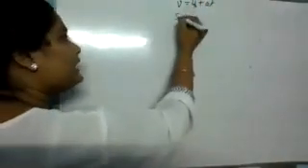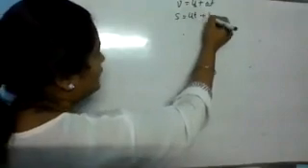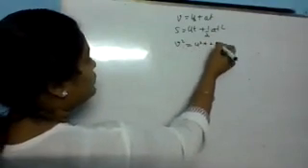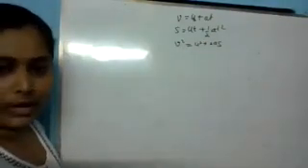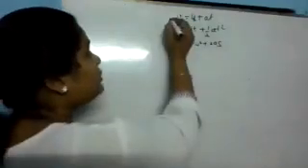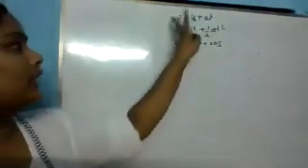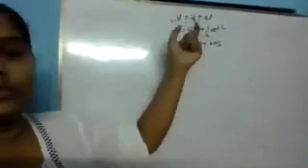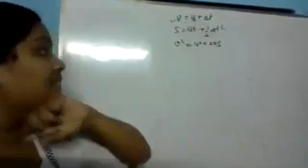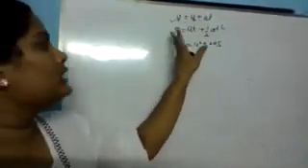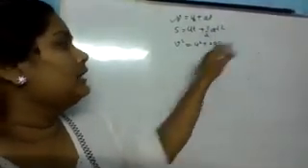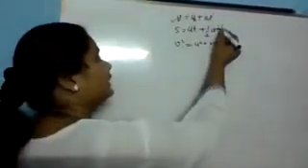The second one is s equals ut plus half at square, right? And the third one is v square equals u square plus 2as, if I'm not wrong. So v is the final velocity. We use small v for final velocity, small u for initial velocity, s for displacement, a for acceleration, and t for time.